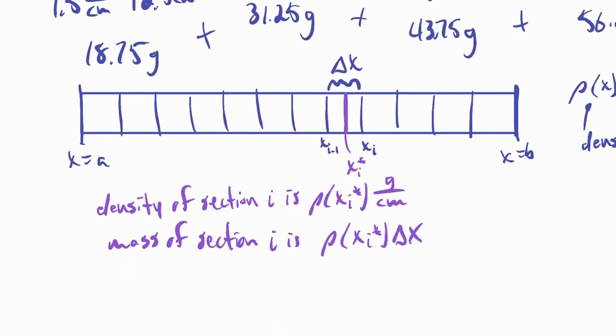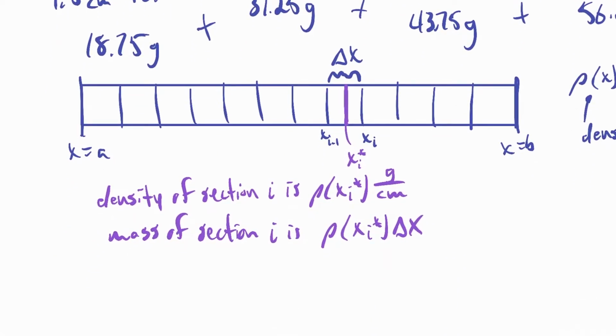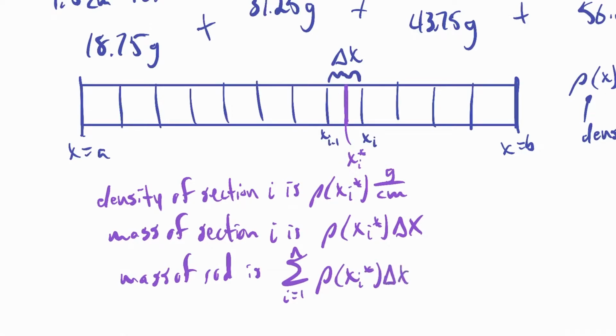So then what if I want the mass of the entire rod? Well, that's going to be the sum as i goes from 1 to n, the number of sections, of rho of x sub i star delta x.